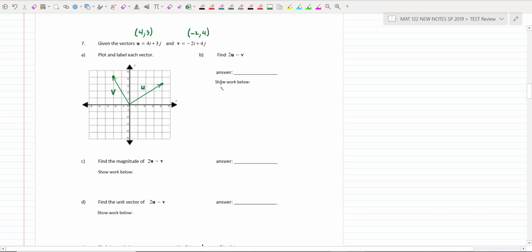And then you want to be able to do arithmetic with vectors. This one is 2u minus v, and it's just algebra. You multiply the first vector by 2, which is called scalar multiplication, and then subtract the second vector, negative 2i plus 4j.